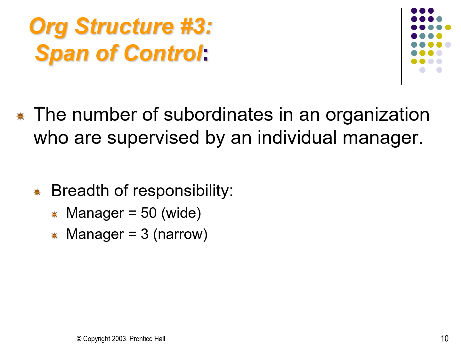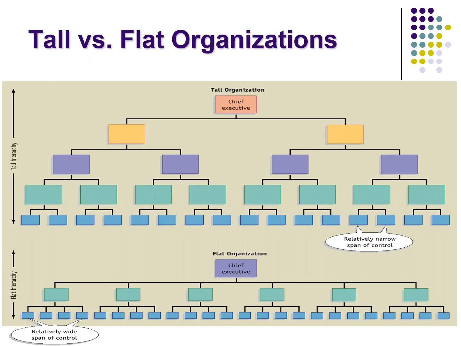So we've gone from a flatter organization to a slightly more hierarchical organization in our structure, which also changed our span of control. This is just an example of a tall versus a flat organization. The taller the organization, usually the smaller the span of control. In other words, managers are managing managers who are managing managers who are managing the people that are working.